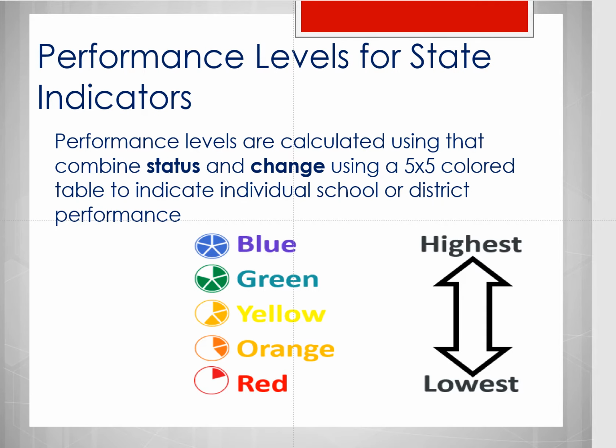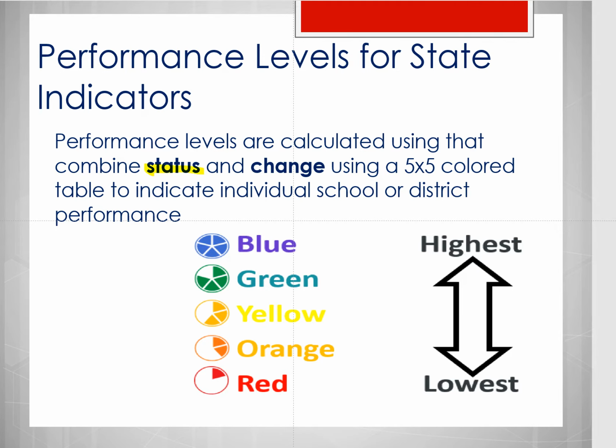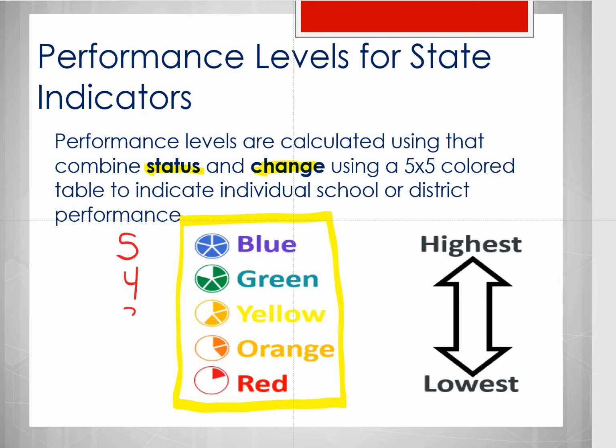The performance levels that the state recognizes are based on this concept of status and change. We have this concept of status and change, and then we have these colors that arise from it, which are blue, green, yellow, orange, and red. You may want to look at this like a point system, like 5, 4, 3, 2, 1, in the sense that this blue pie shape is completely filled, like 5 points, and this is like 4 points, 3, 2, and 1.